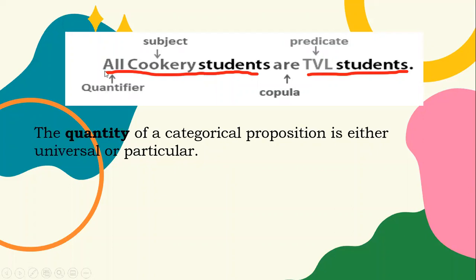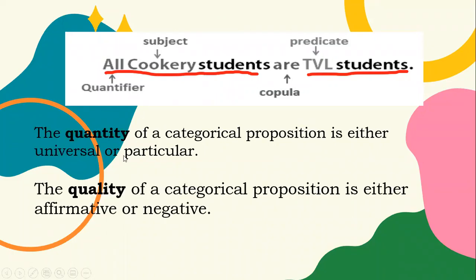When is it universal? When the quantifier used is all or no, because that covers everything. But if you use the word some, there is an exemption to the rule, so that is particular for the quantity of the categorical proposition.